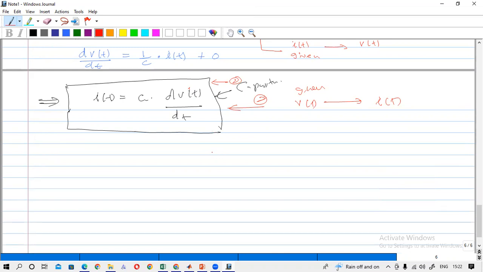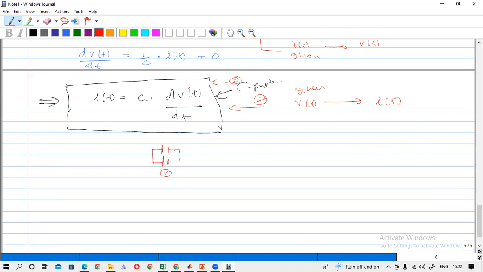So I want to tell you one thing. Can you tell me, if we are given a constant voltage, and this is already charged, that means the voltage is not changing anymore.